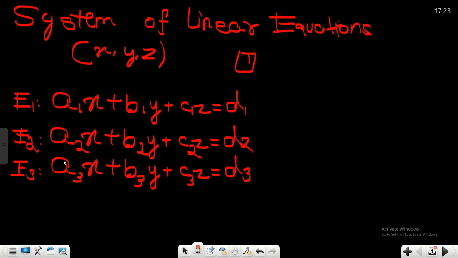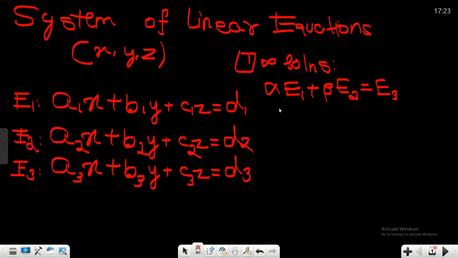If you want to find out the relationship between each of these coefficients, which is the coefficients of x, y, z and the constants, when the system has infinitely many solutions, then the condition is that alpha times E1 plus beta times E2 should be equal to E3, where alpha, beta are assumed variables, just temporary variables, and these variables can be replaced by any other two letters or Greek letters like p, q, theta, phi, depending on the question.